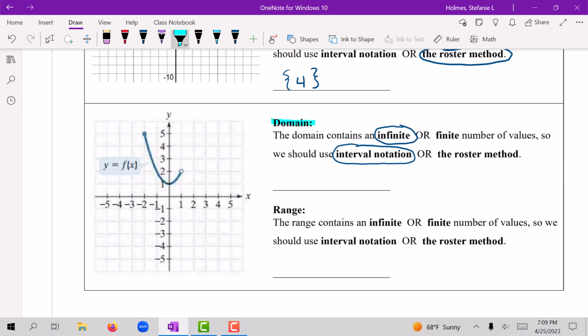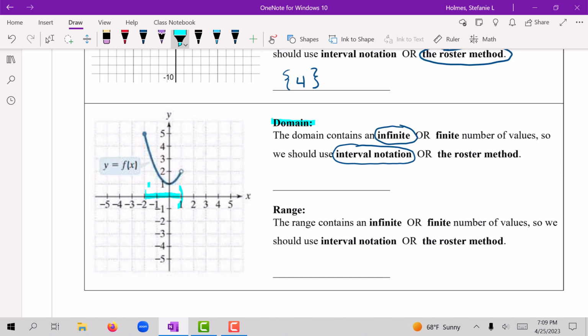Starting at the left, what's the furthest left it goes? Well, that's at the -2. And we keep going right until we get to the other side of the x values, which is at that open dot. Open dot means not included, so that's a parentheses.